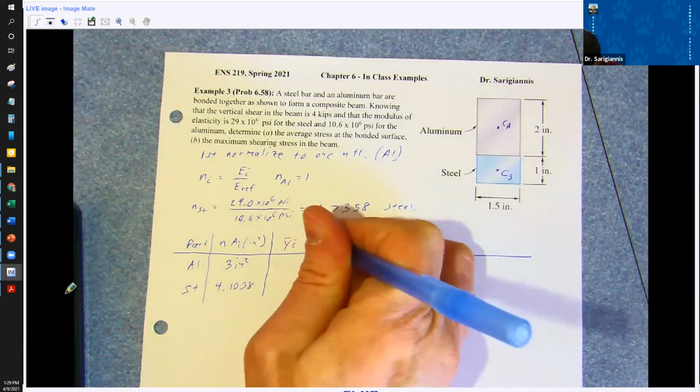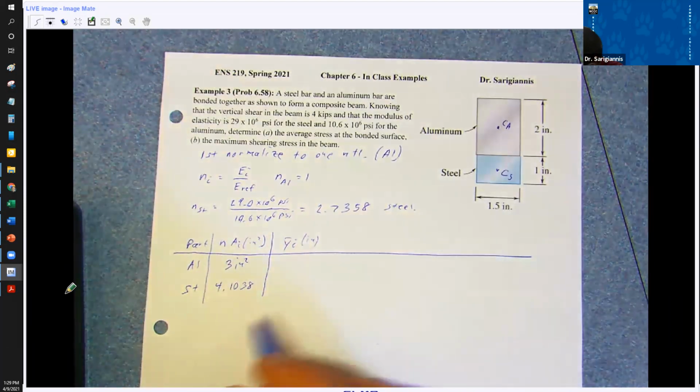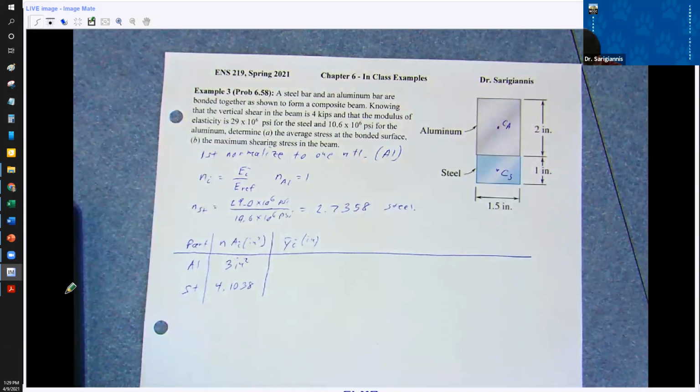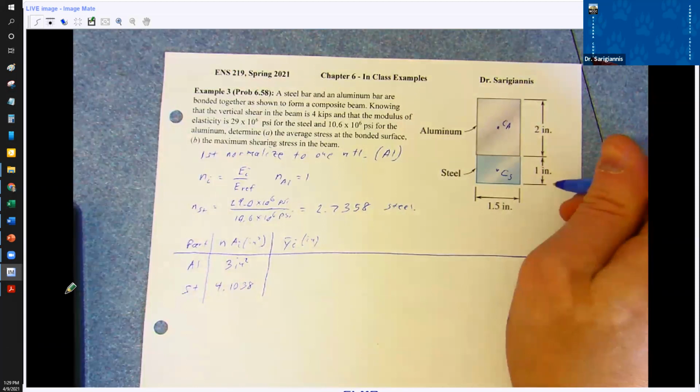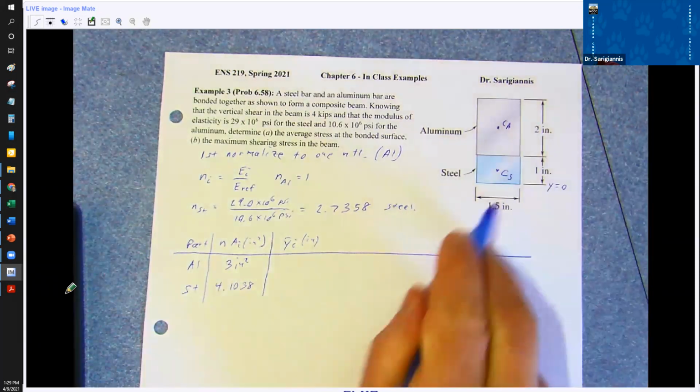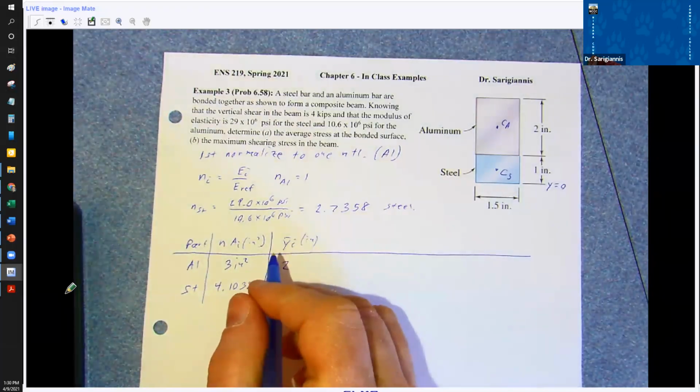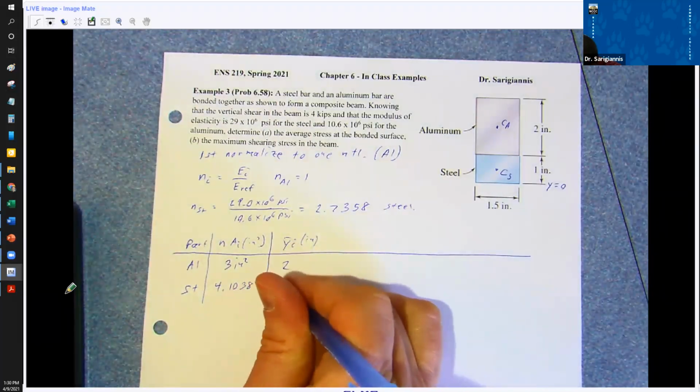Y bar i, this is in inches. This should all be fairly straightforward. I'm going to choose my Y. Let's see, where did I choose my Y? Hold on a second. 2 inches, 0.5. Yeah, I chose the Y down here. So for aluminum, my Y bar is 2. For steel, my Y bar is 0.5.